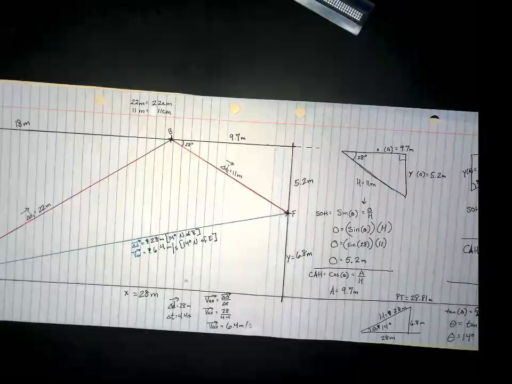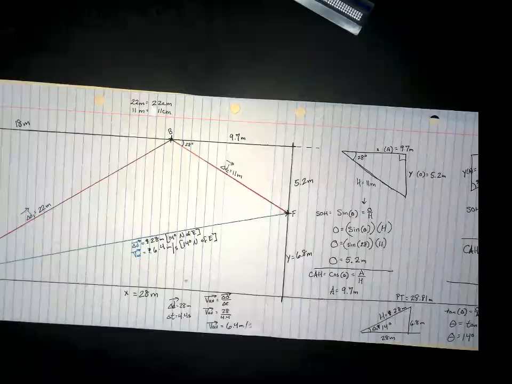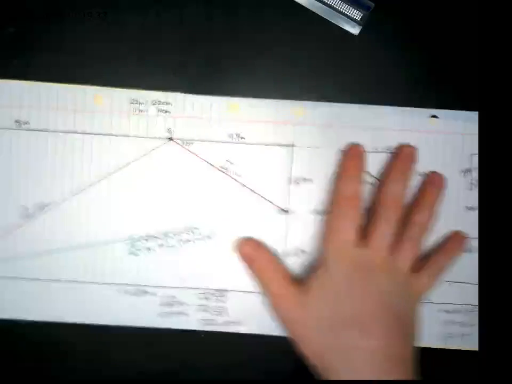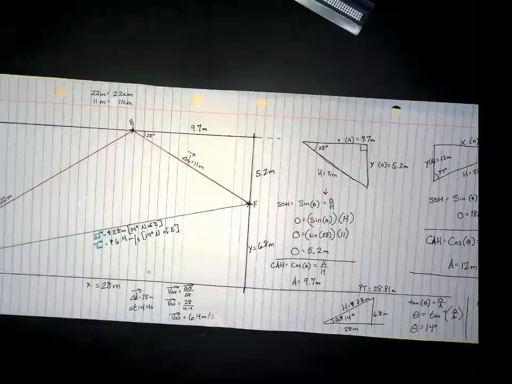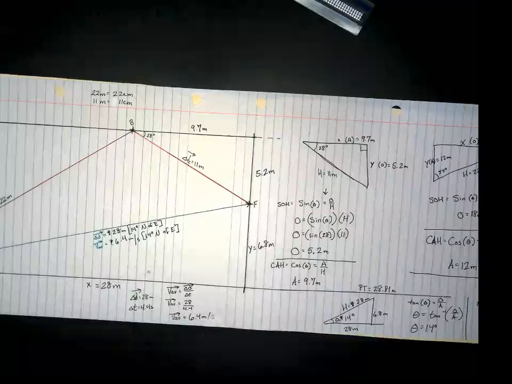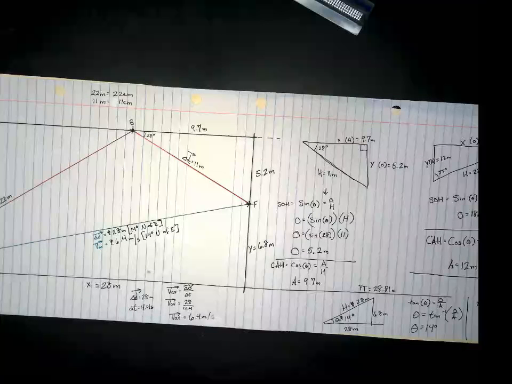I'll just say that I wouldn't mark it wrong if I see the work. So if I see the work and I see that you did everything that I just did, if you did all the work and you put in the time and you put in the effort to show how you got that value, 100% I would not mark that wrong, as long as the process was correct, obviously.